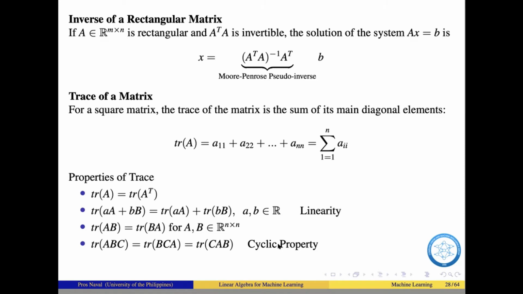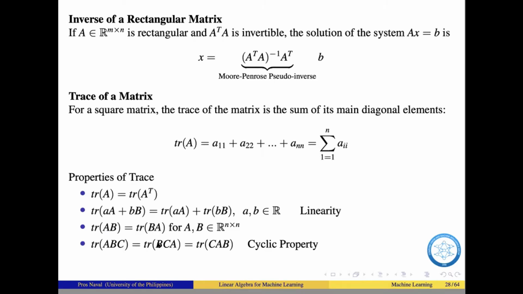Okay, so the cyclical property of the trace of ABC. The order of multiplication of the matrices must be observed. So it must be circularly permuted in the right way. So A is first here. You put it after C, make it the last.